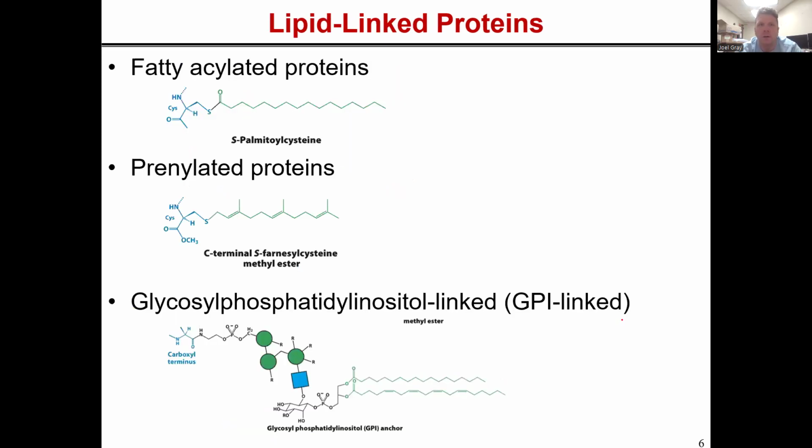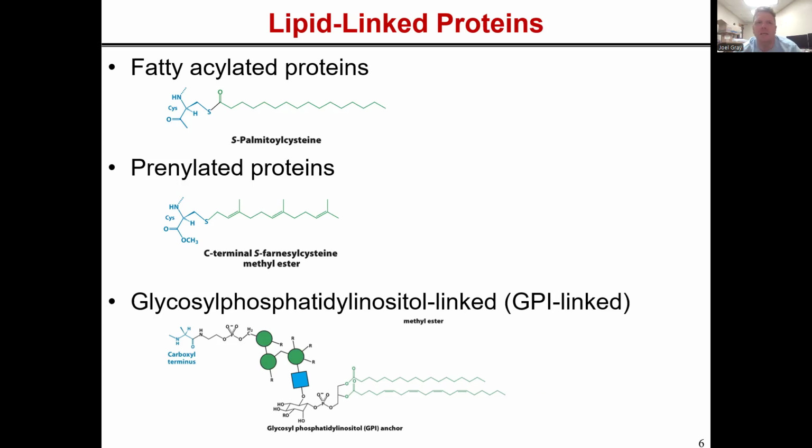So it's not exclusively alpha helices, and it's not exclusively beta sheets that form that structure for an integral protein. Now, when it comes to linking proteins to lipids and getting those to associate with a membrane, we have what are known as fatty acylated proteins, prenylated proteins, and then a mouthful, glycosyl phosphatidylinositol linked proteins, or GPI proteins.